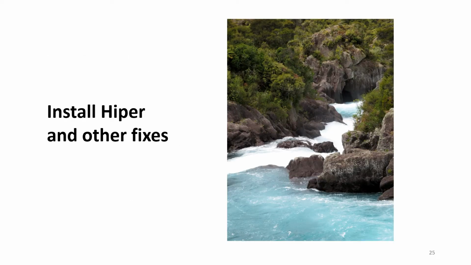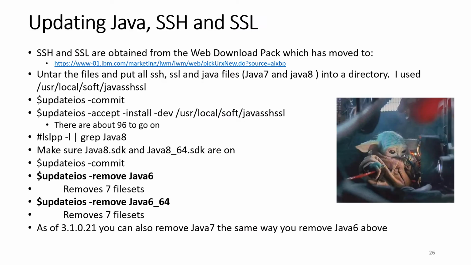So we'll talk now about hypers and other fixes. I already talked about updating Java, SSH, and SSL. What this slide goes into is how to actually go and get SSH and SSL, because you get those from the web download pack, and then you get Java from Fix Central.